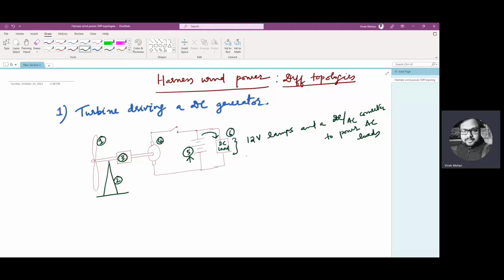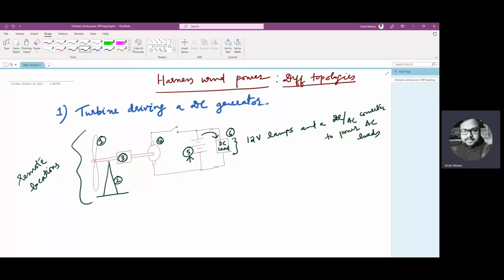Then such wind-driven DC generators are only used in remote locations. This is not the one which we normally see in wind power plants or windmills in India, which are normally large scale. They can be up to 2 megawatts wind turbines, from 450 to 600 kilowatts up to 2 to 2.2 megawatts.